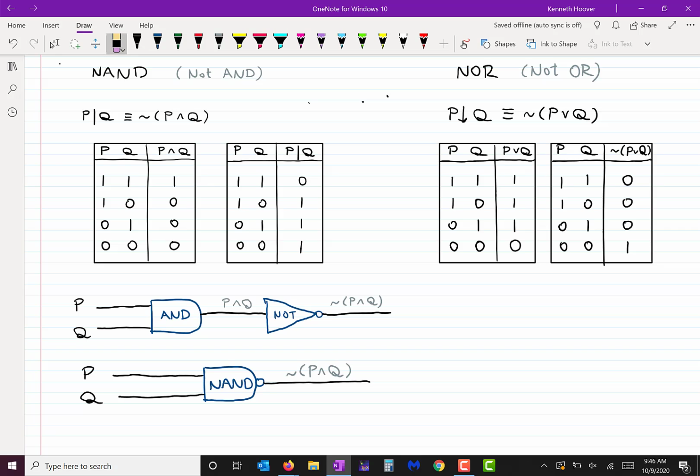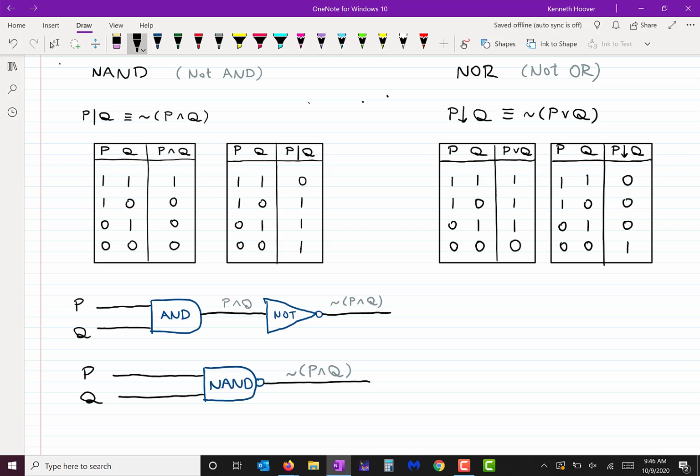Okay, and like I said, computer scientists have this symbol for the negation of P or Q: P downward arrow Q. Okay. Now, what do you think a NOR gate would look like?